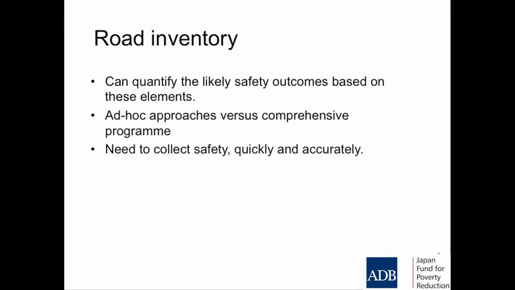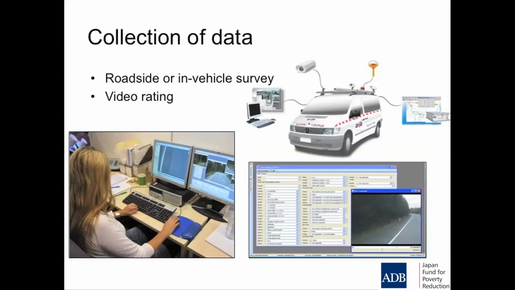It can be very expensive to collect this information, but again, it may already be collected by your people in asset management, people who maintain the roads in your country. So these sorts of vehicles, with cameras on top, collect video data, and then back in the office, we can sit down and look at these video images, and we can assess how wide is this road, how much of a bend is in this road, is there a hazard, is there a tree on the side of the road?